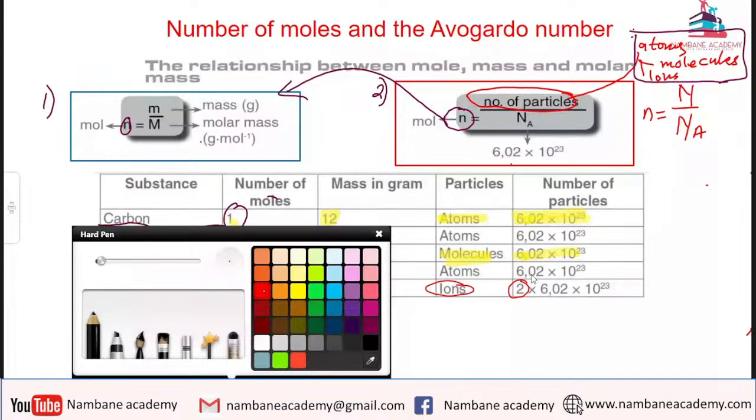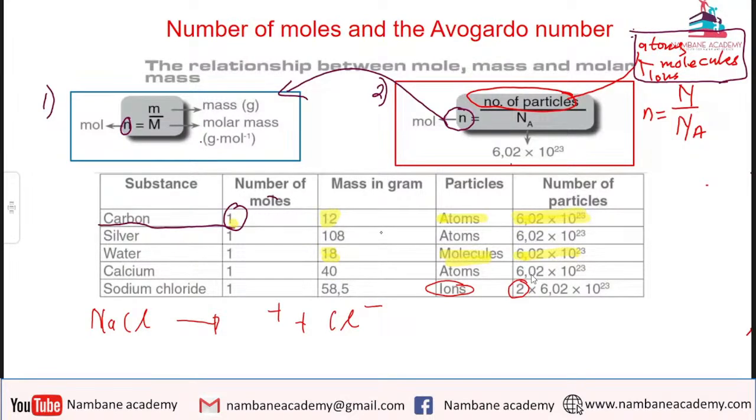Now, where do we get this important information? This important information comes also from grade 10, where we talk of ions, molecules, and atoms. So how many ions do I have?